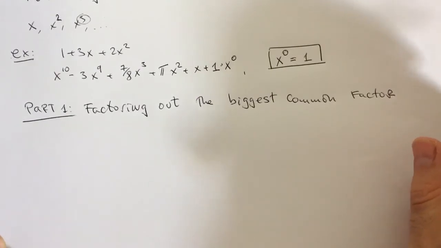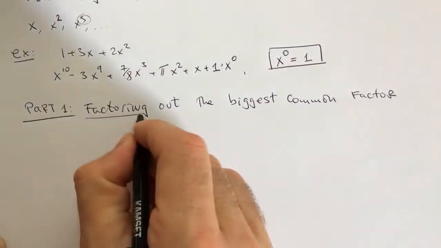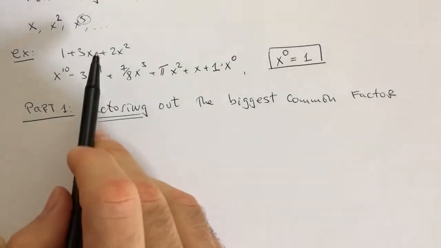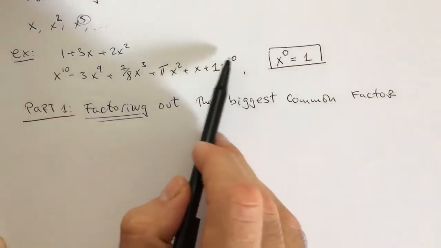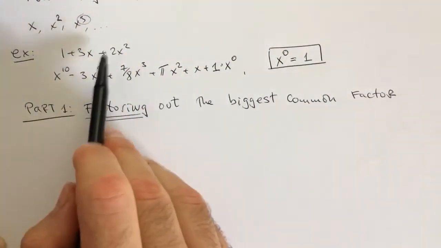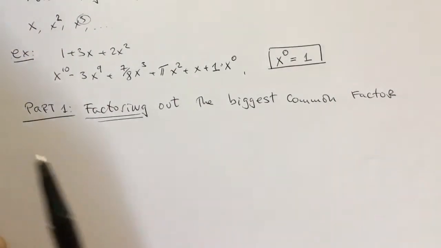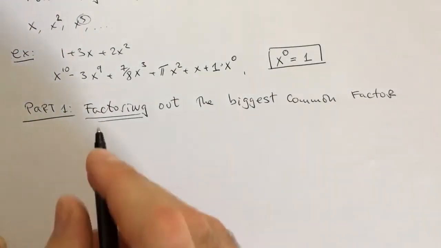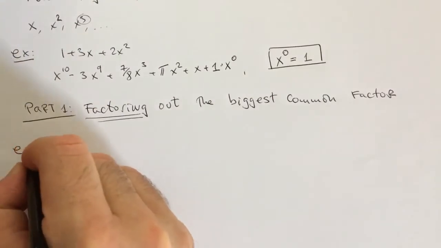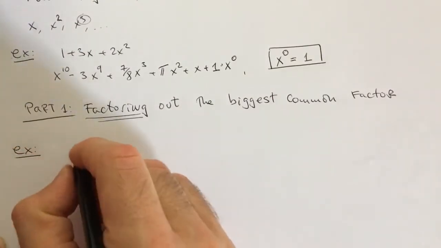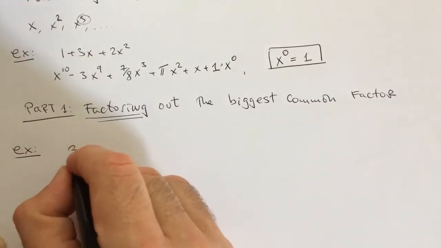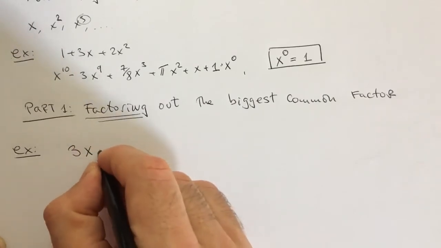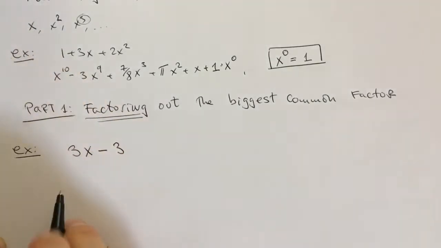Okay, so what does it mean? First of all, to factor something means to be able to express the polynomial as a product of one or more factors. So for example, let's start with the easiest one, 3x minus 3. How am I going to factor this polynomial?